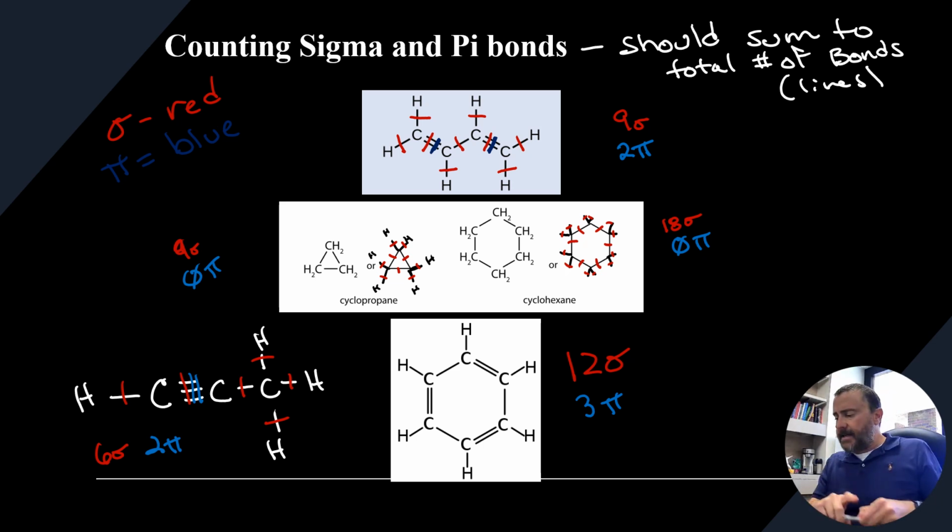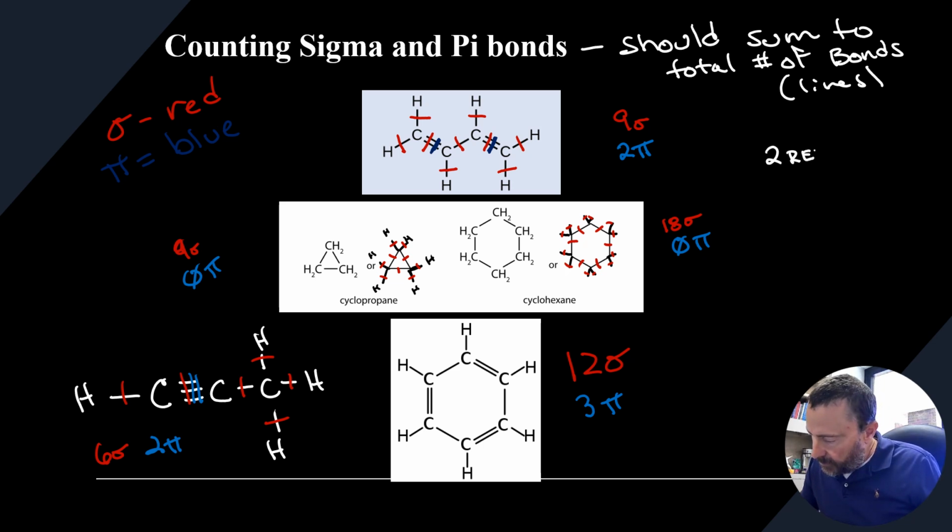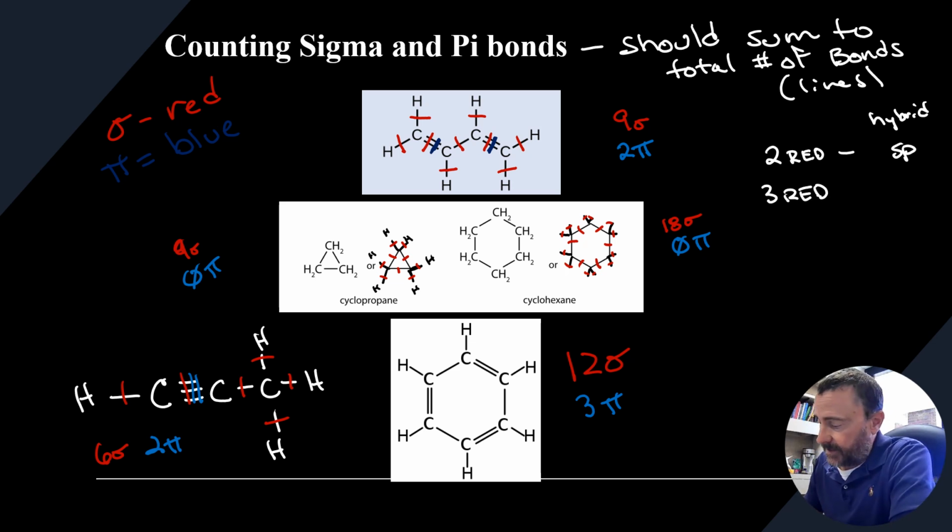Now, last thing that I want to point out is, remember I said when we were talking about hybridization, if you have 2 regions of electron density, the hybridization is sp. So if we're drawing them, we can figure these out. If we have 3 regions of electron density, it is sp2.